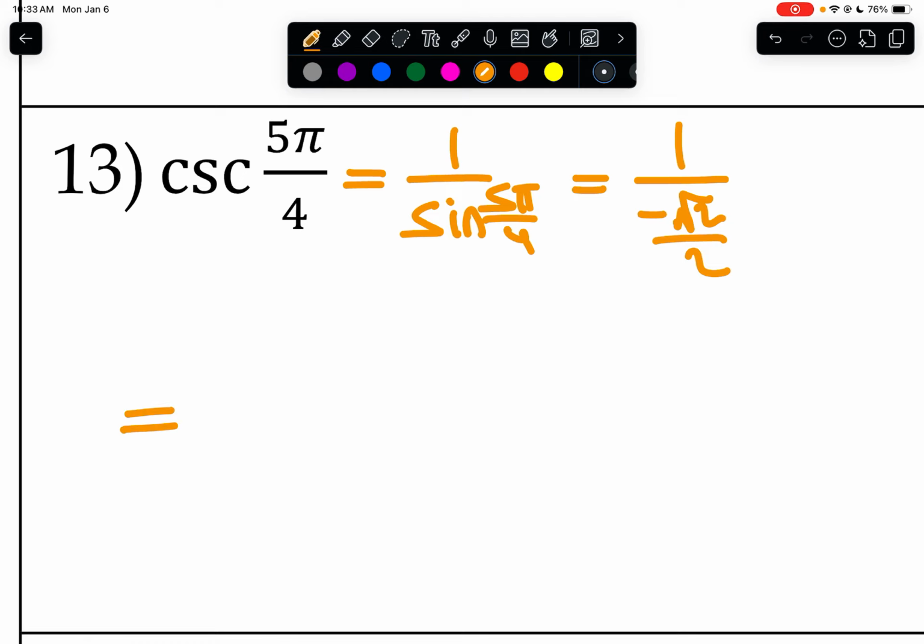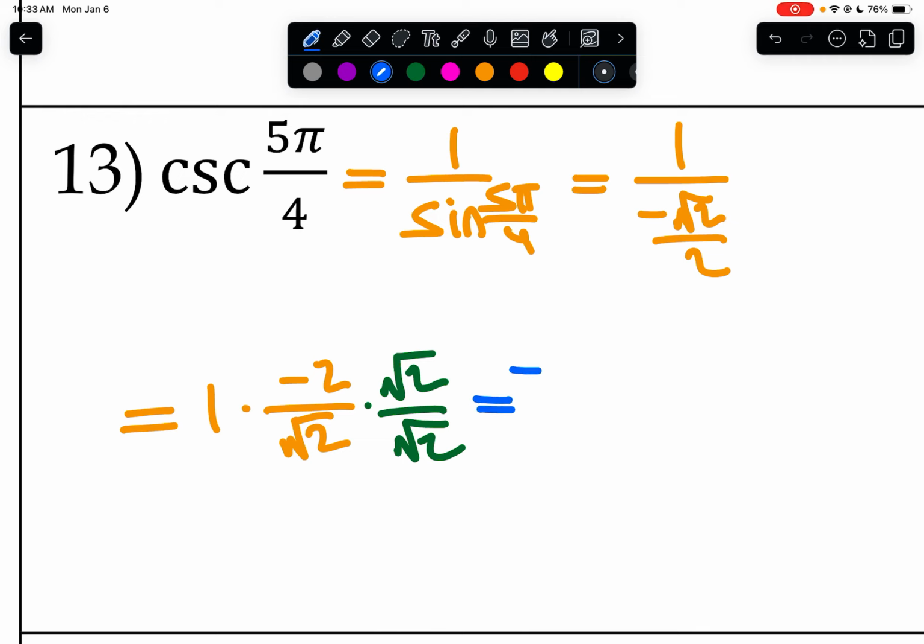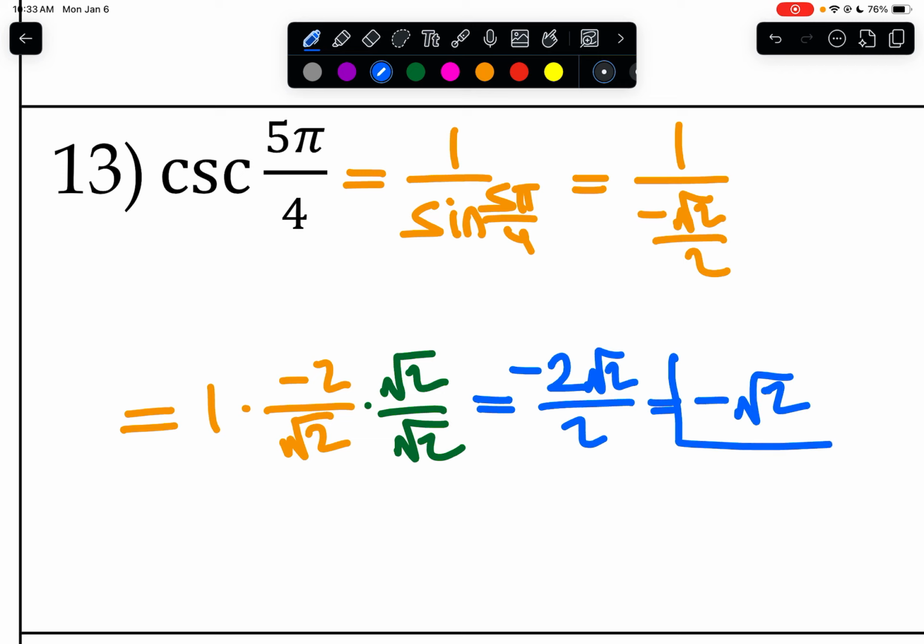So, of course, when you simplify, that's going to be 1 times negative 2 over root 2. Once again, you're going to have to rationalize. So multiply by root 2 over 2, your funky form of 1. So when you multiply across, you're going to get negative 2 root 2 over 2, which is negative root 2.